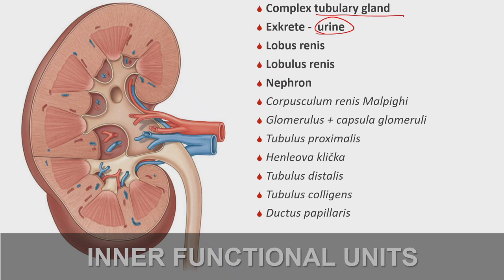Urine is full of waste products, also containing some physiological substances which are needed for normal function of the organism. Then the kidney should concentrate those waste products in the urine and decrease the concentration of those substances which are needed and used by the organism. The functional unit is called lobus renis.